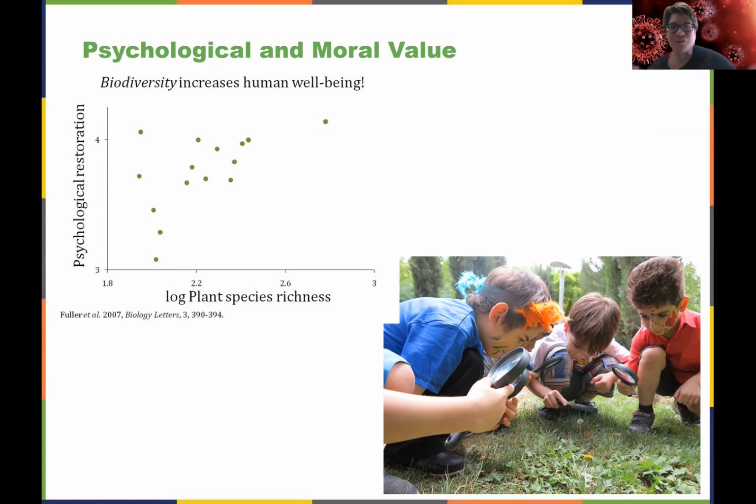I think all of you, that's an important part of your life, that you spend time outside with nature and with animals. And so we need to consider that part of biodiversity, and that's kind of part of being human, and that's a really important piece of biodiversity. And this graph here shows that the higher the species richness, the higher the psychological restoration.